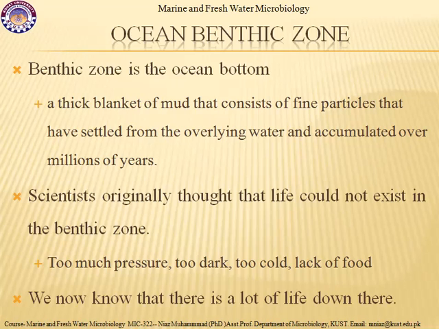समंदर की तह में क्या चीज है? That is a thick blanket of mud that consists of fine particles that have settled from overlying water and accumulated over millions of years. What are two things which are going to settle down if we assume for some time? One is the living organisms and the plants which are growing on the surface and in the upper zone of the ocean. One day they will die and they will sink down toward the bottom.